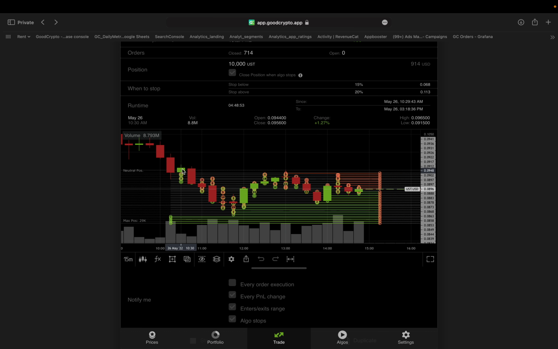Why did I do that? Why didn't I put the grid here and here? I did that to limit the risk of a positive breakout of the price. As I said, I believed there was a fair chance that the price would move up, and by setting up the grid this way, under the market price, my entire grid consisted of just buy orders.